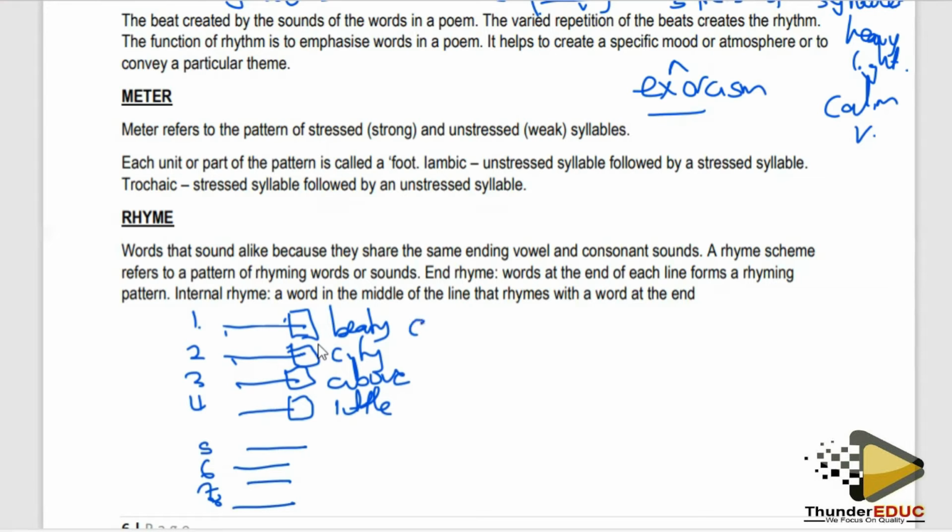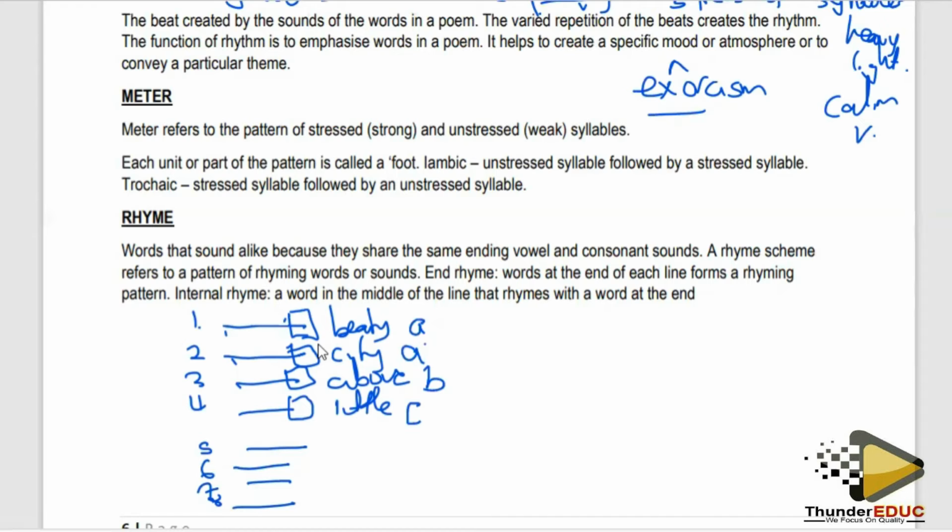Because there is the same rhyme, this will be AA. Beauty rhymes with city, they share the same ending vowel and consonant sound. But there's no sharing with above, which means this is a B because it's a different rhyme. Liquor has no rhyme with beauty, city, above, which means it will be a C. That will be the rhyme scheme.